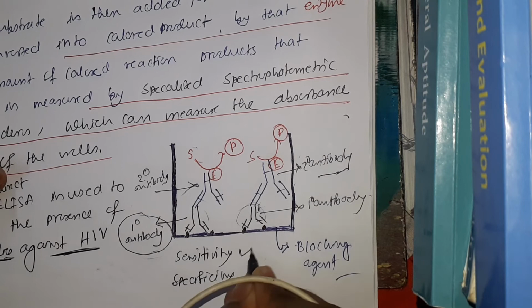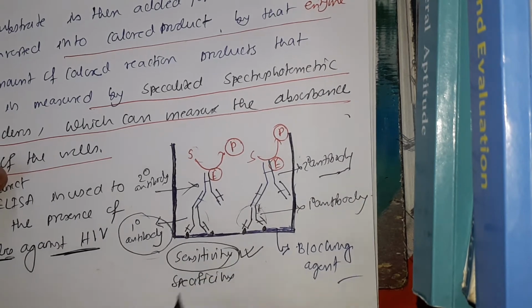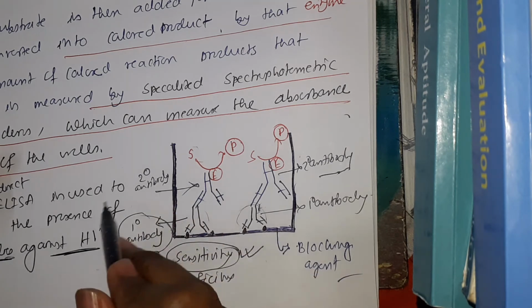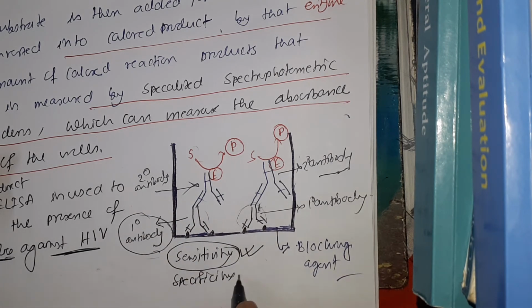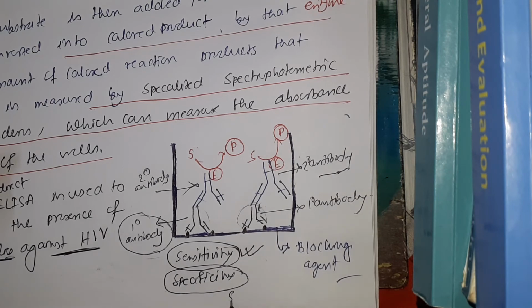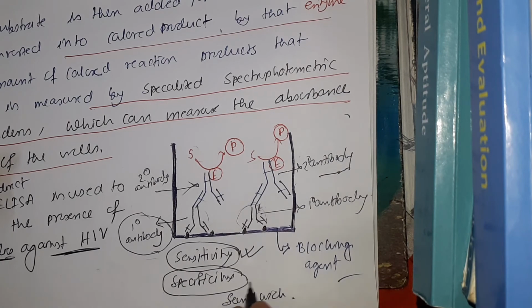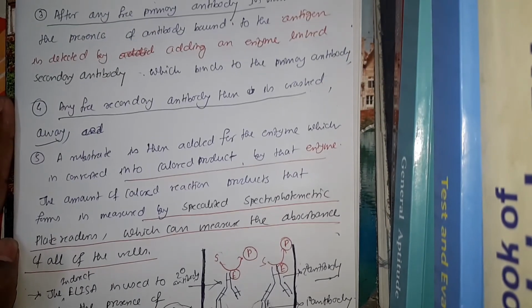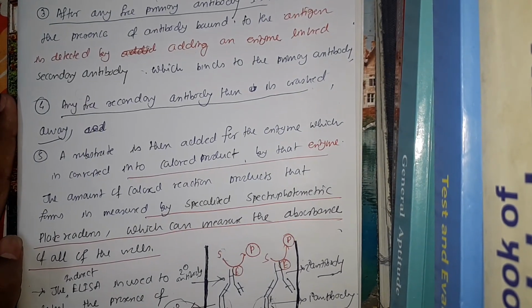One problem, sensitivity, is solved via indirect ELISA, that is, via using an enzyme-linked secondary antibody. In our next video on sandwich ELISA, we will solve the problem regarding specificity. And then we are going to talk about another modified process, that is competitive ELISA.